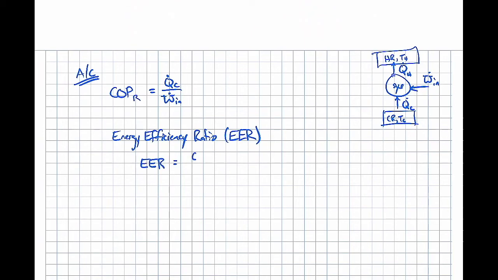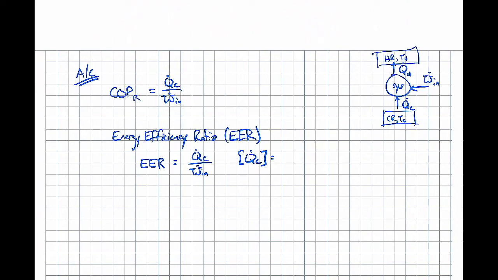It's just defined in the same way, Q dot C all over W dot in. Same exact thing, except there are a few differences, one of which is the units. So a COP-R is dimensionless. There are no units associated with it. For example, in the numerator, you might use kilowatts. In the denominator, you would use kilowatts.